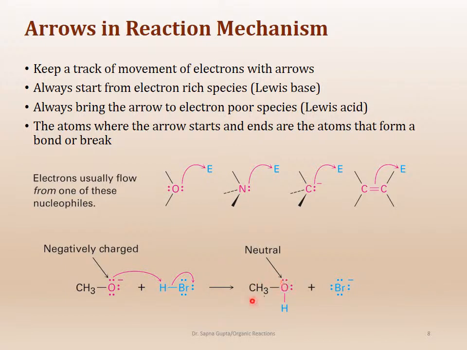And so the product is the new bond between oxygen and hydrogen, and the electrons that were between hydrogen and bromine now belong to the bromine. Okay, so this is how you would write a mechanism. You can also go back to the acid-base chapter and look in there, because some of the mechanism was covered there also. It's the same kind of thing.